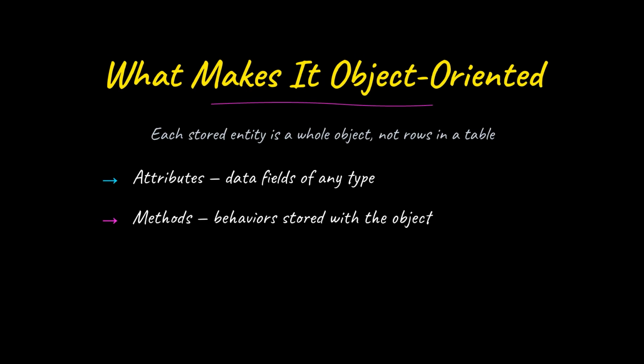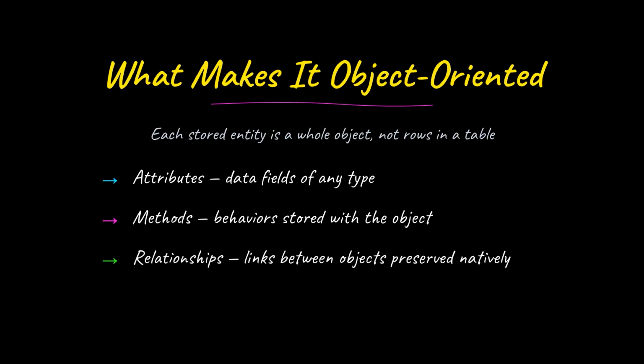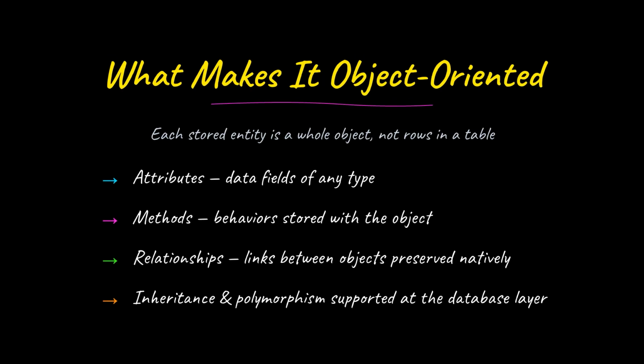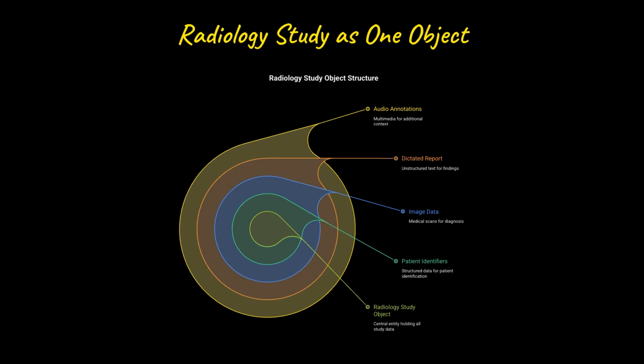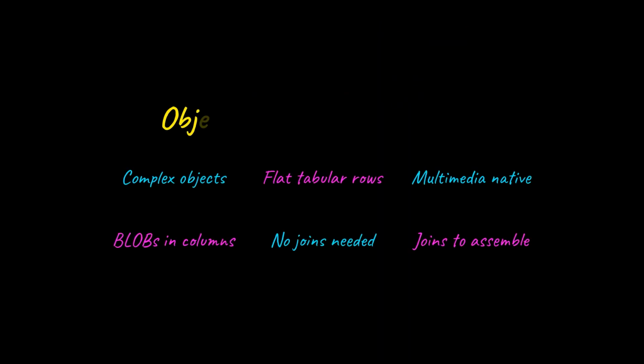The database natively supports inheritance and polymorphism, the same concepts used in object-oriented programming languages. Consider a radiology study object containing patient identifiers, image data, a dictated report, and audio annotations all linked as one entity. Retrieving it returns the whole object at once, with no need to join across multiple relational tables.